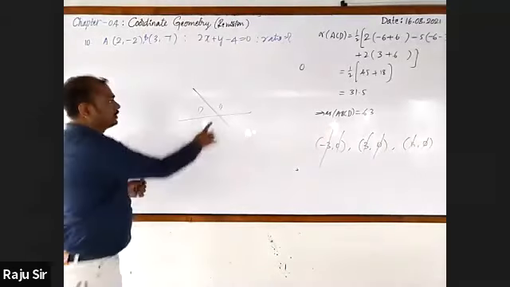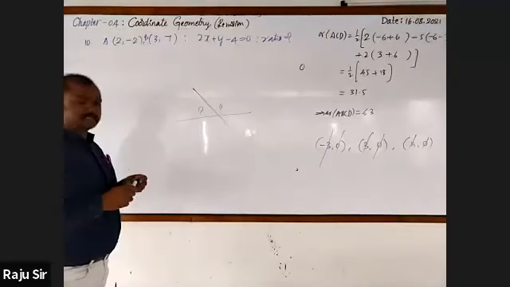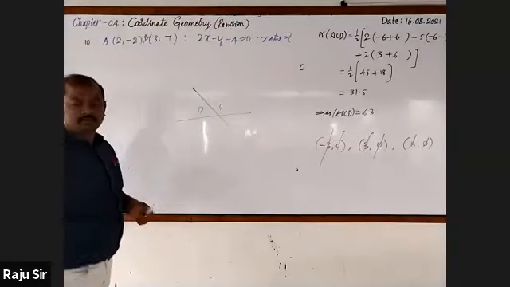We do not know the coordinates of that point. Let us take this as x comma y.